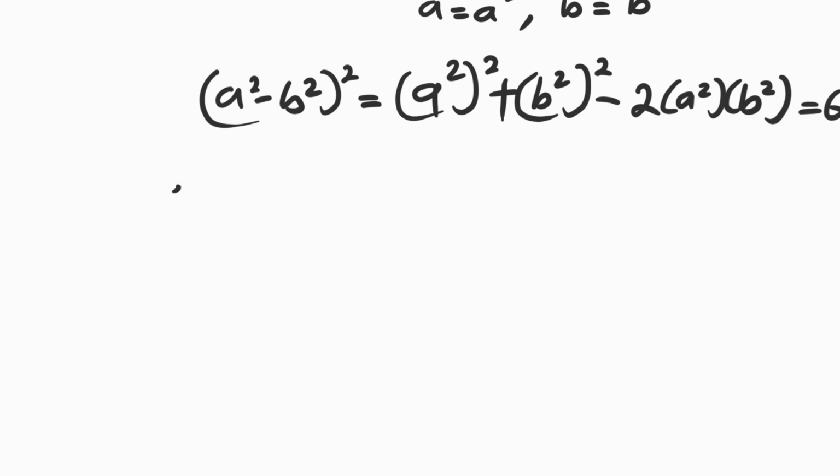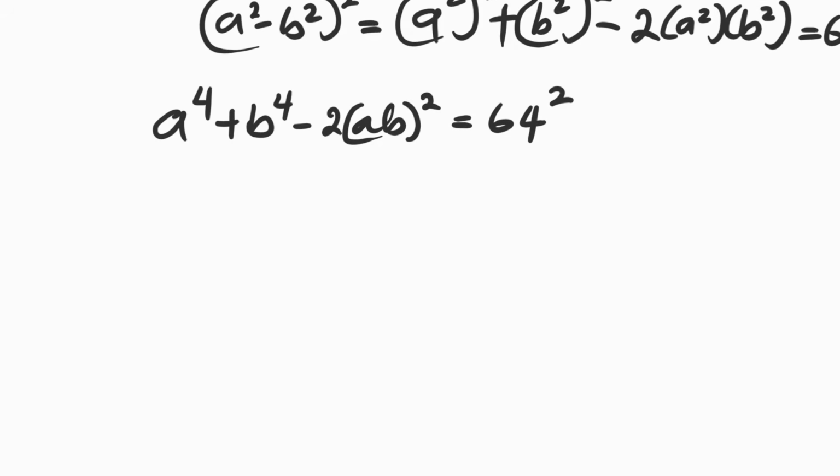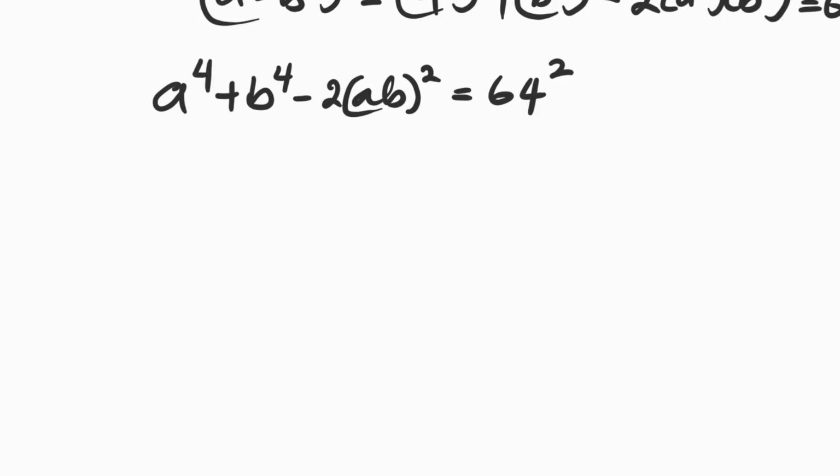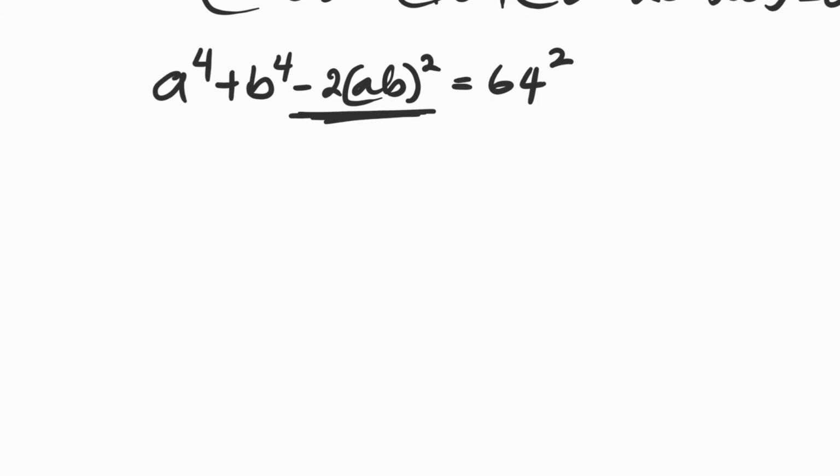Okay, so now this becomes a raised to the power 4 plus b raised to the power 4 minus 2ab squared equals, this was squaring both sides, 64 squared. Let us move minus 2ab squared to the right hand side.